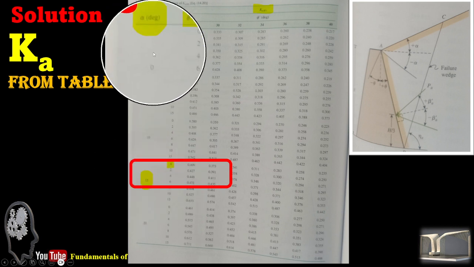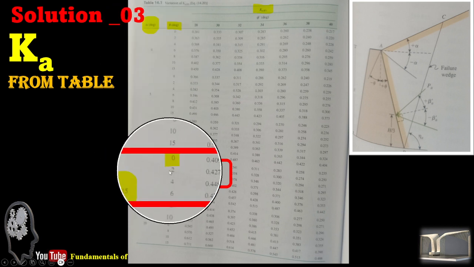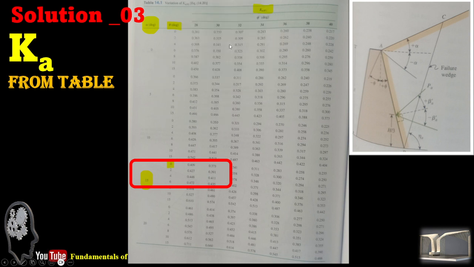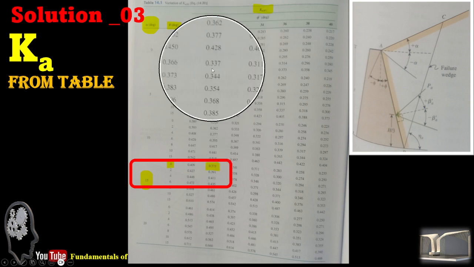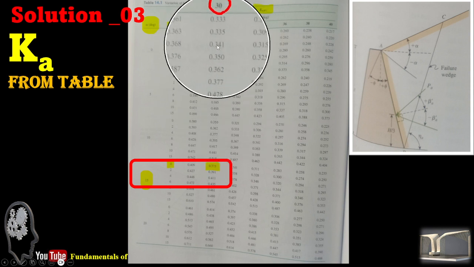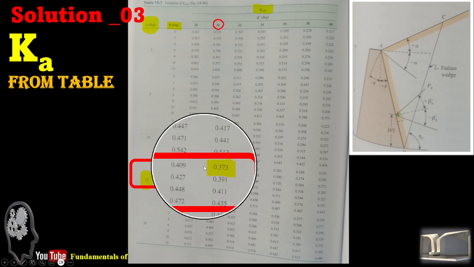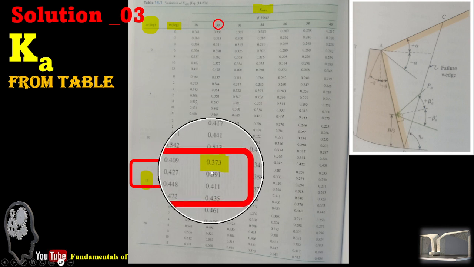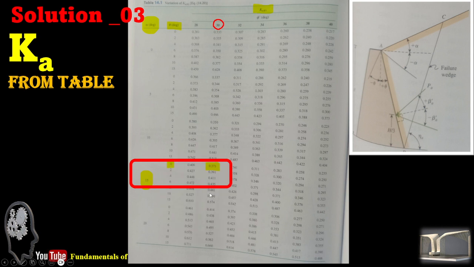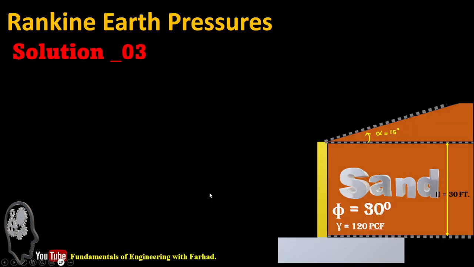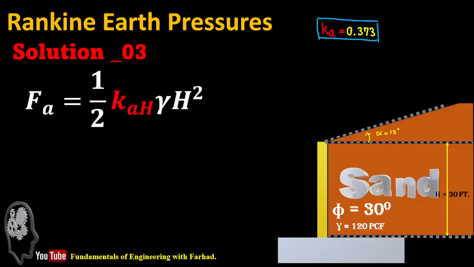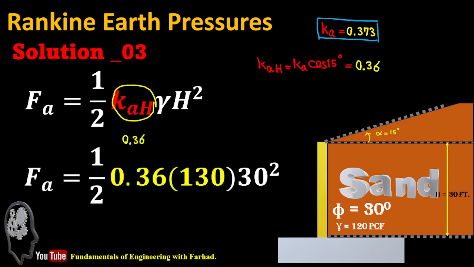So if alpha is 15, theta is 0, and also we have our phi, which is the friction angle, 30 degrees. In that case, we have a coefficient of 0.373, exactly like what we calculated from the formula for Rankine. So again, the horizontal component of that would be 0.36, and if you multiply it, it just gives you the same numeric value.